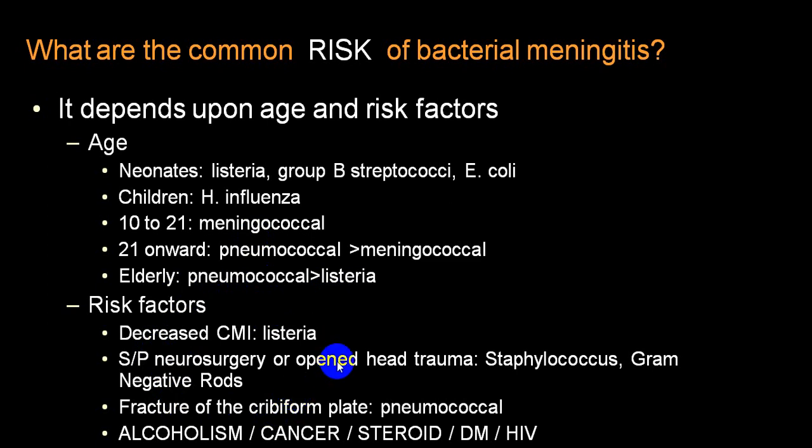Head injuries, neurosurgery, etc. are also more prone. Chronic alcoholics, persons with malignancy, persons on steroids, diabetic persons, HIV or AIDS, and persons on immunosuppression drugs are also more prone to develop bacterial meningitis.